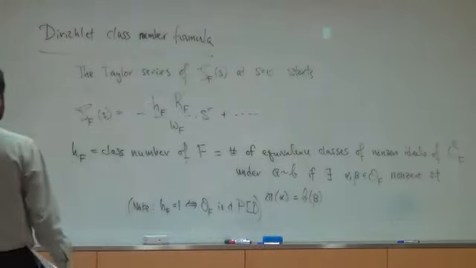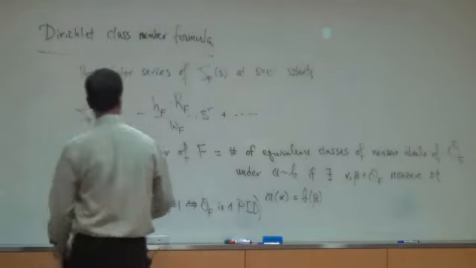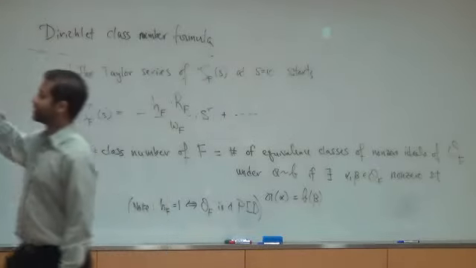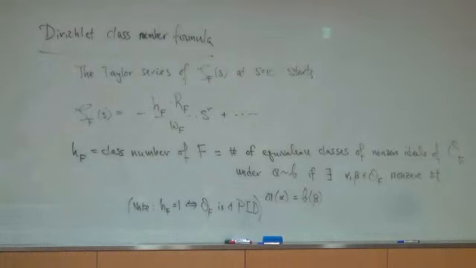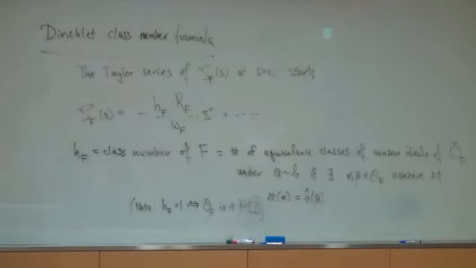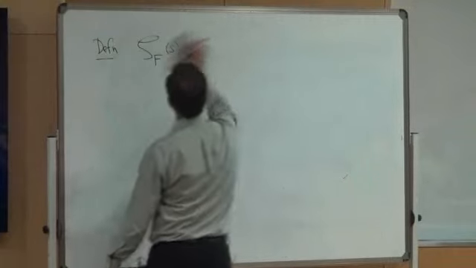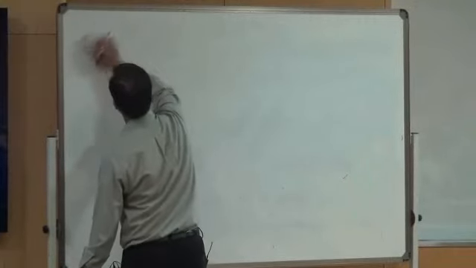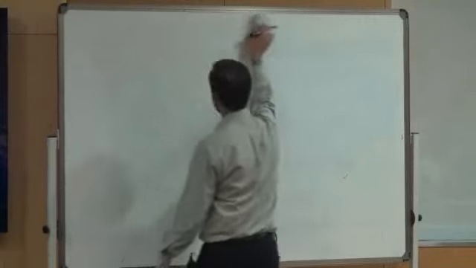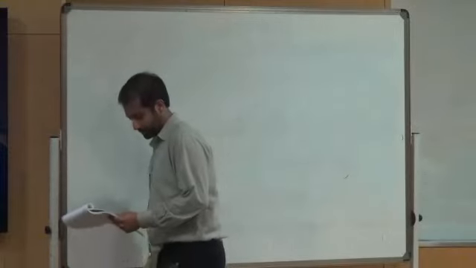So this class number is nothing but a concrete, numerical measure of how far the ring O_F is from being a PID. And one of the first fundamental theorems of algebraic number theory is that this number h_F is actually finite, that there are actually finitely many equivalence classes. That's proved using a sort of geometry of numbers technique.